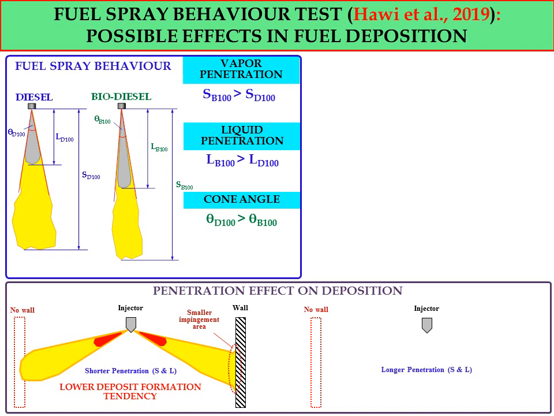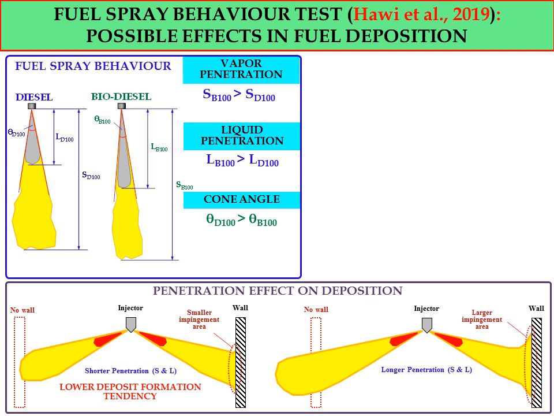However, if we consider longer penetration, let's say now without wall, we have this kind of fuel spray feature. When we consider the wall, we will have fuel spray impingement on the wall. So we will have this kind of condition as shown in the schematic diagram, and we will have a larger impingement area.